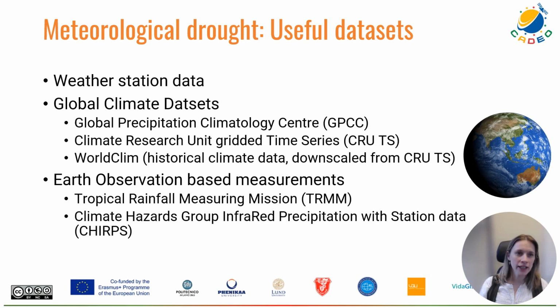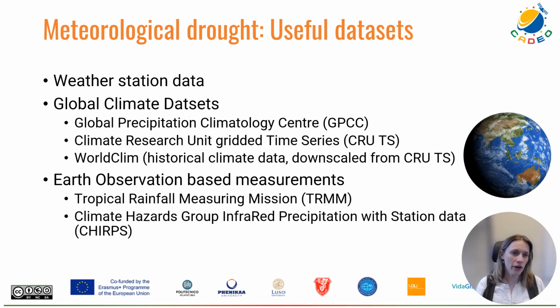When you are looking at meteorological drought, there are different data sets that can be useful. Usually it's quite common to use weather station data that is collected nationally often. But in some cases, these data are incomplete, unavailable, or don't have a long enough record, and then there are some alternatives.